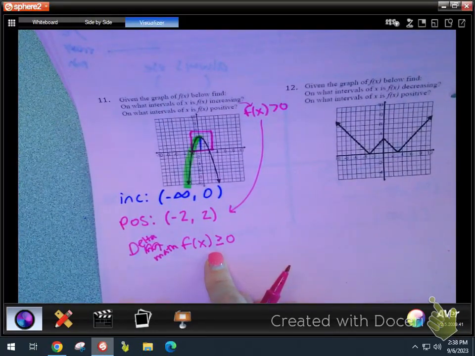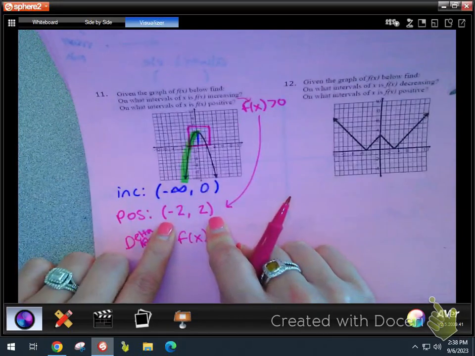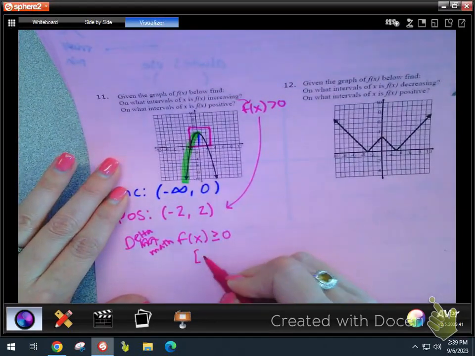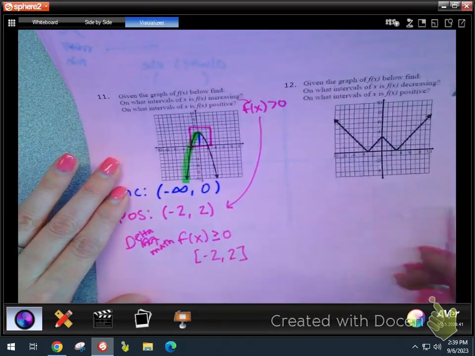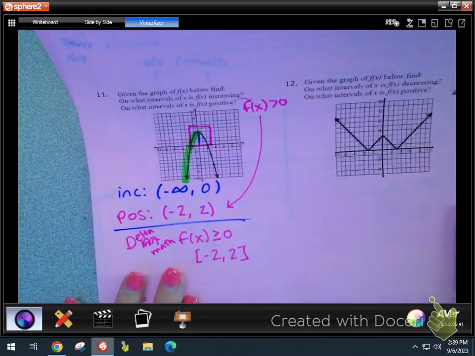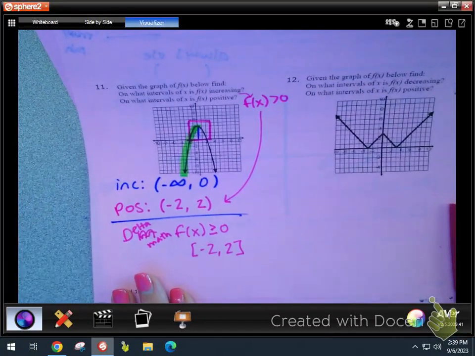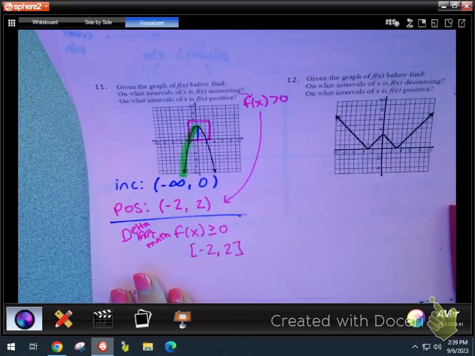So Delta Math may ask you, where is it actually greater than or equal to 0? What's the only thing you've got to change? The bracket. You just put a bracket with that, negative 2 to positive 2. I will ask you this way. This is just a Delta Math thing, and I can't change it. It's good to know the difference between the 2, but that's what it will be like there.